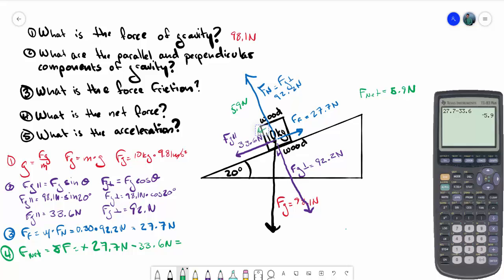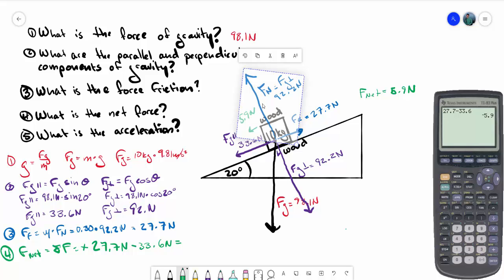Now, we didn't discuss much about what was happening with these other values. So let's take a look at the force of gravity perpendicular and the normal force. Force of gravity perpendicular is 92.2 newtons down into the ramp. The normal force is 92.2 newtons up onto the block, perpendicular to the ramp.